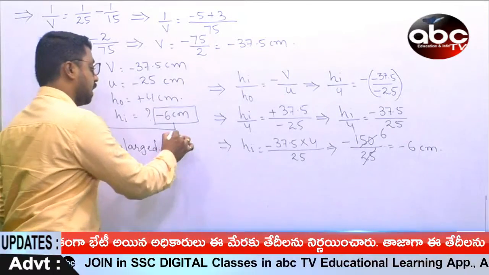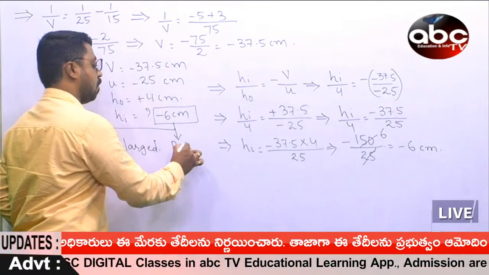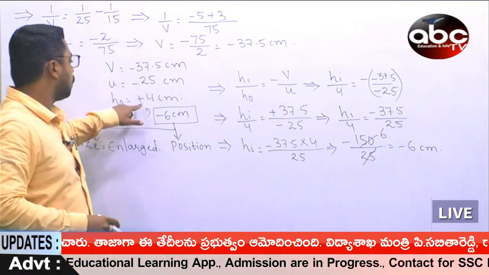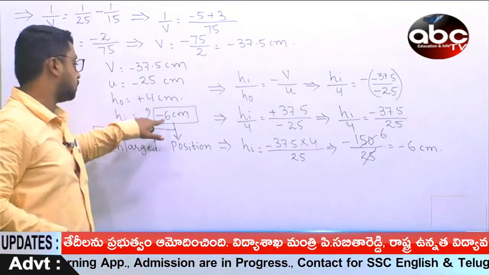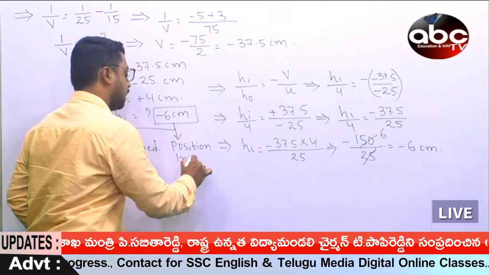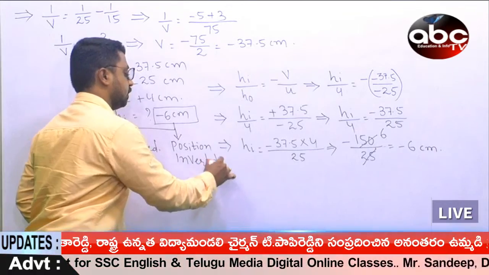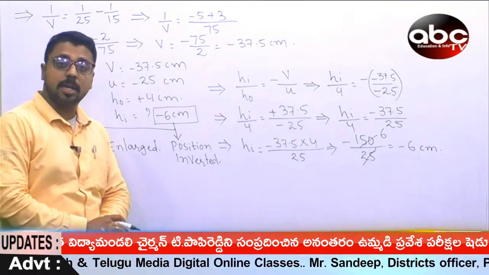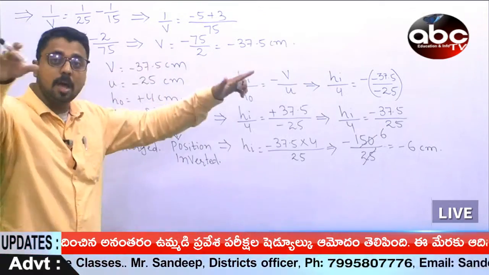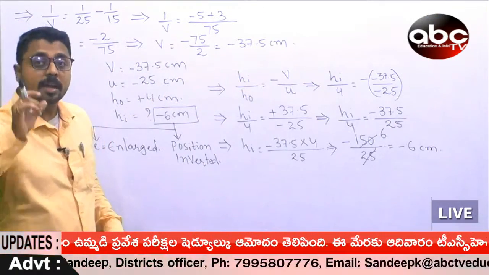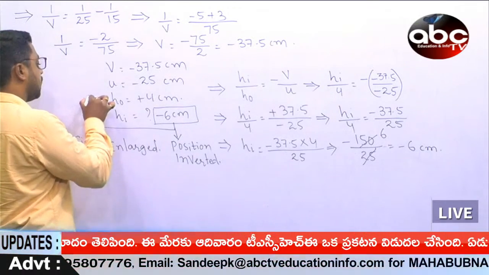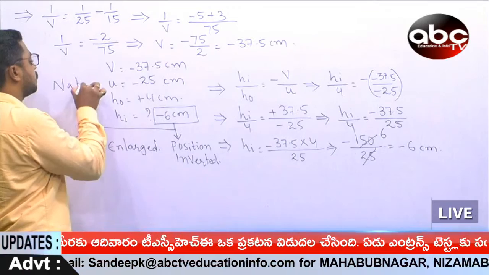At the same time, position. How about the position? You can directly write it as: it is +4, above the principal axis. It is -6, below the principal axis. That is inverted. It is inverted. Naturally, the image is formed at -37.5 centimeters, that is in front of the mirror, and we can clearly say the nature is a real image.